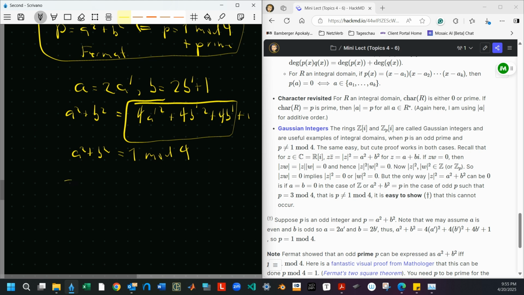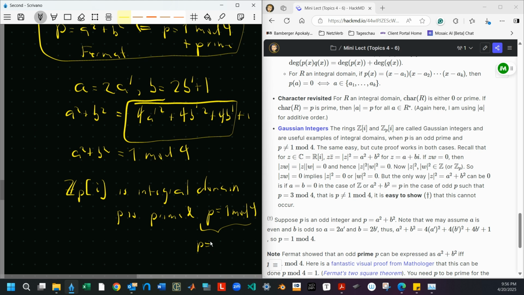Then we have that ZPI is an integral domain as long as P is prime and P equals 1 mod 4. Or you could say, and I do this in the notes, P not equal to 3 mod 4.